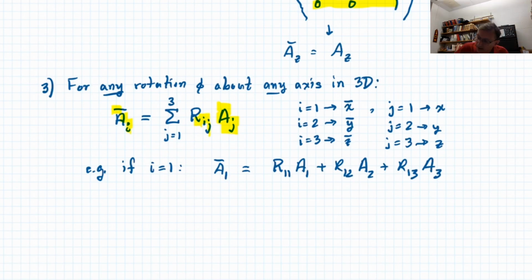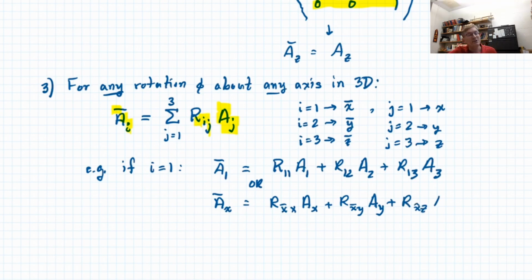Okay? Now, using the old notation, this would be A_x bar equals R_x bar x times A_x plus R_x bar y times A_y plus R_x bar z times A_z. So the upper line is just a new way to represent the lower line. Okay?